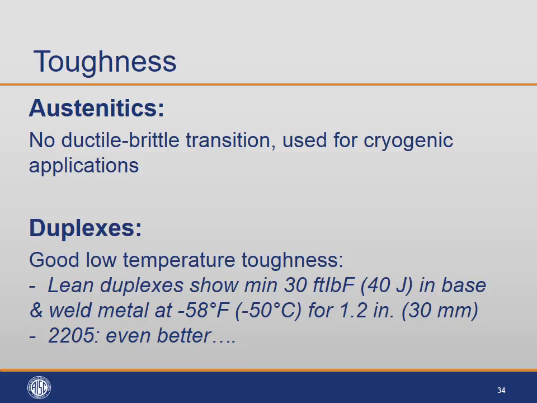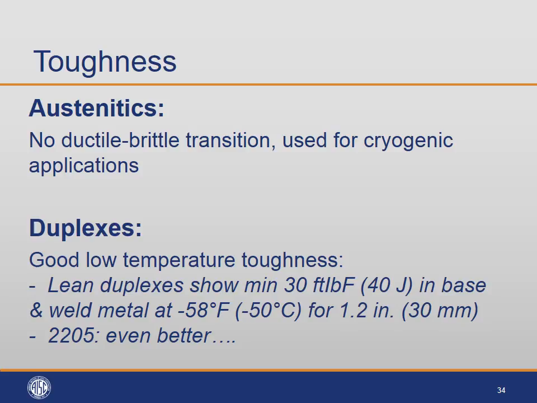The lean duplexes, and this term lean means less highly alloyed, show a minimum of 30 foot-pound force in the base and weld metal at temperatures down to minus 58 degrees Fahrenheit for a 1.2 inch plate. And the standard duplex, say 2205, has even better toughness.